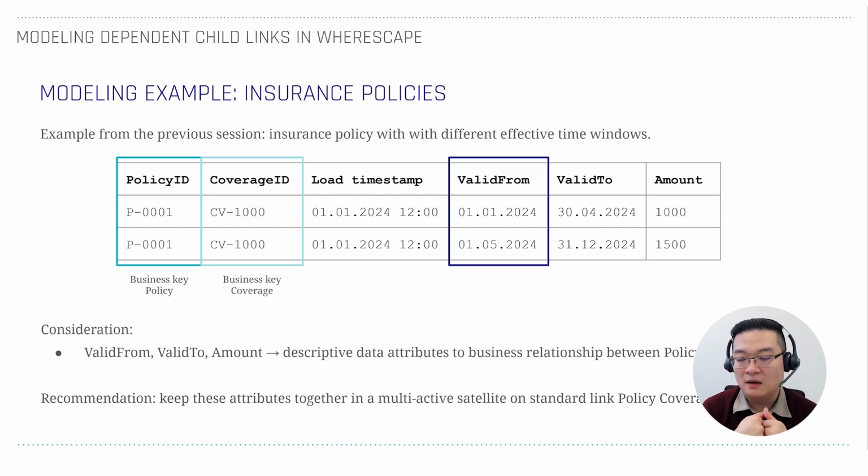So that is certainly, in my opinion, a cleaner looking model, simply because you can argue, or I would argue, valid from, valid to are basically descriptive information as well, right?